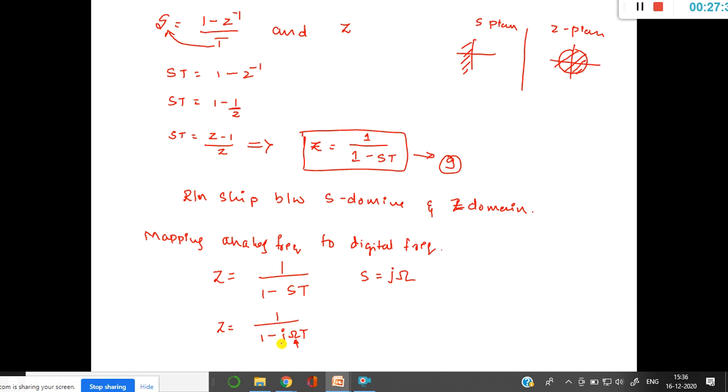Right? Now since in the denominator I have an imaginary value, I should remove this. What should we do? We must go for rationalization of the denominator. So let me rationalize the denominator here.